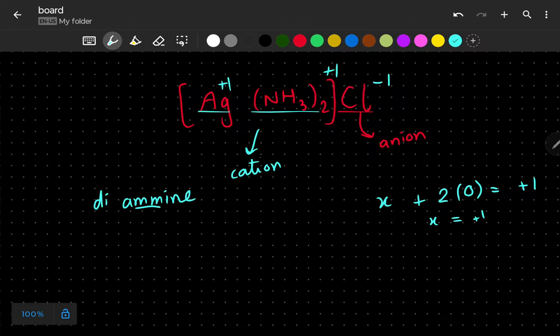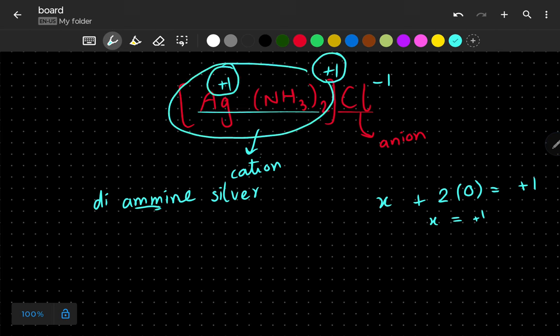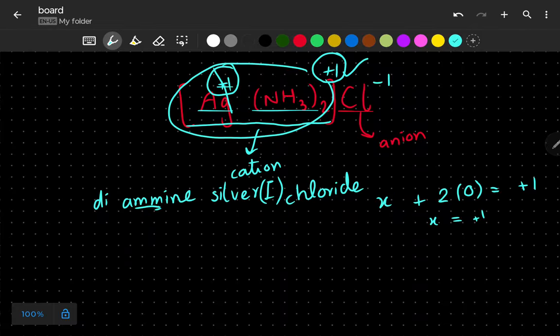Never forget that ammine has a double M. Diamminesilver. Why don't we choose its Latin name, argentum? Because the complex is in a positive oxidation state. We don't consider whether the whole compound is positive or negative, but the part written in the bracket. It is positive, so silver and then chloride. Now write the oxidation state of silver, that is I. So the name has been written.